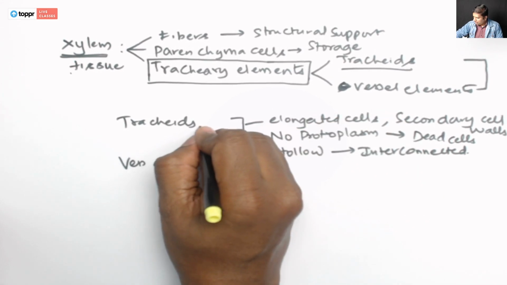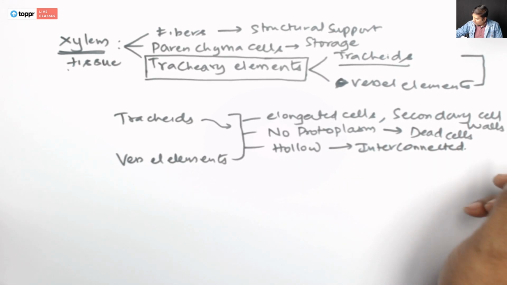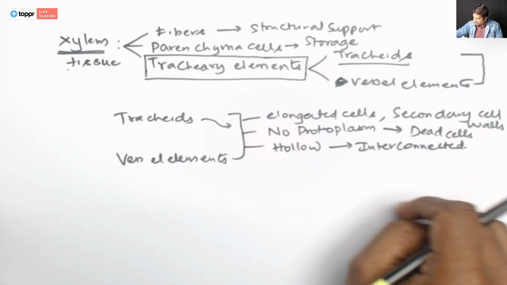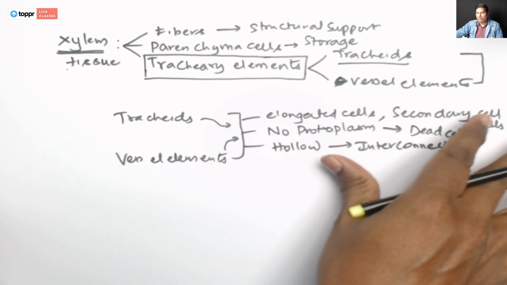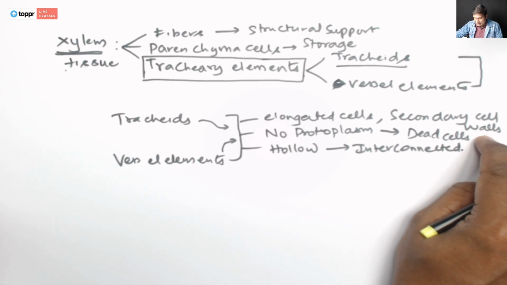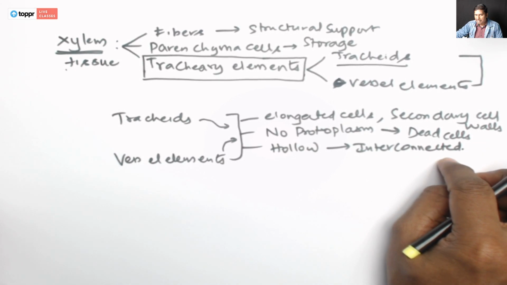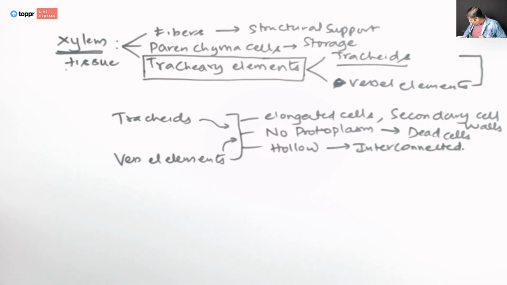I'm talking about tracheids here. These are the common things between tracheids and vessel elements: they have dead cells, and these dead cells are interconnected. So let's look at tracheid cells first.